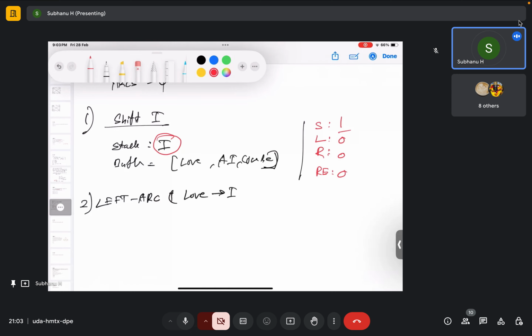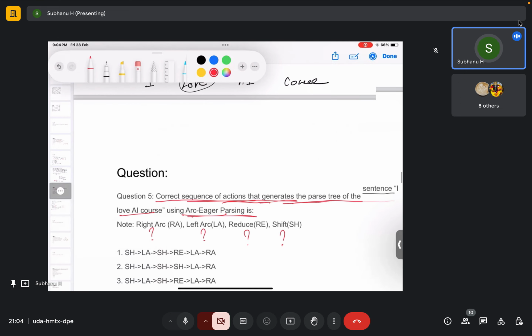So here, what was at the top of my stack? I had I. So in arc-standard, a left arc means the buffer item is the head of the stack's top. So which is the buffer item? The buffer item is love. Love is the head of the stack's top. Here we want love to be the head of I, which is exactly what I have drawn here.